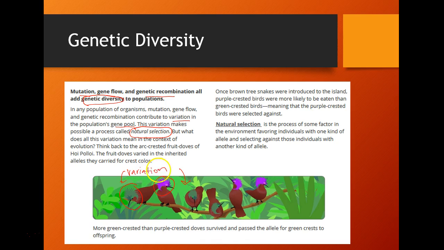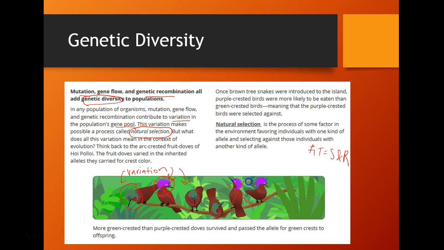We have green and we also have purple, but we introduced the snake, and what happens is natural selection happens, which is when certain organisms are favored over the other because they are more fit, meaning they're able to survive and reproduce more readily than the other. And so in the case of the brown tree snake, the brown tree snake was able to see and kill the purple birds a lot more easily.